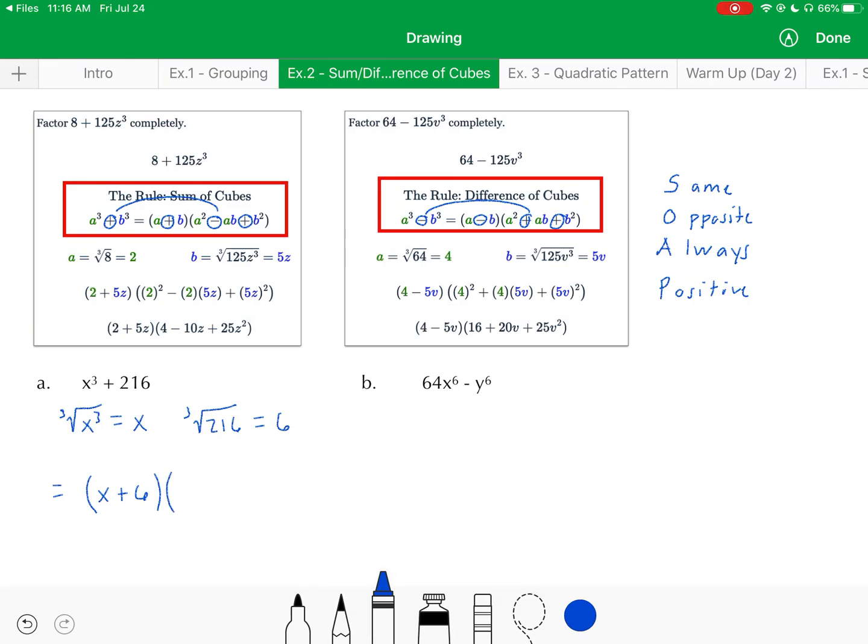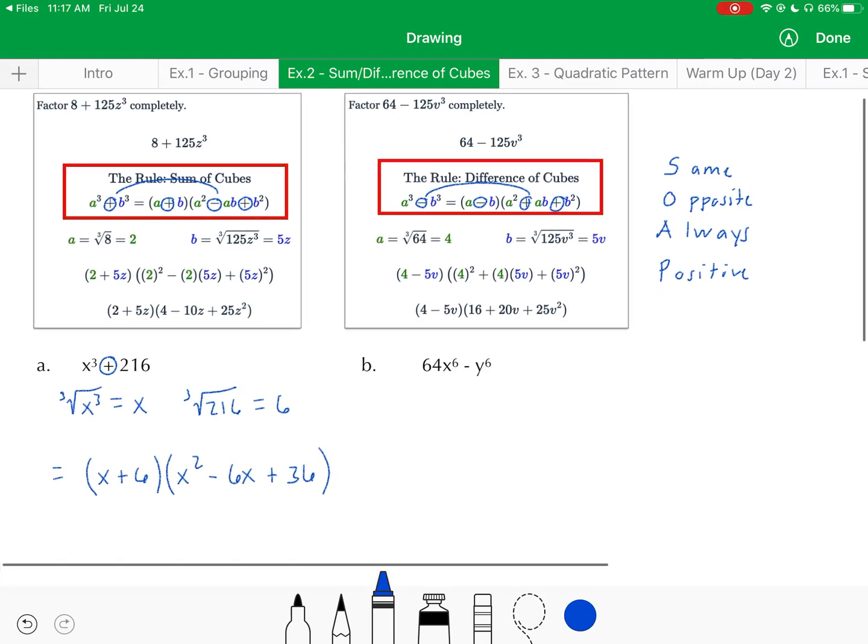Okay, and then the trinomial is going to start with x raised to the second power minus, notice I'm using the opposite sign from the original right here, so minus the product of 6 and x, then plus, for always positive, the square of 6, so that's 36. Okay, and then that is as factored as you get.